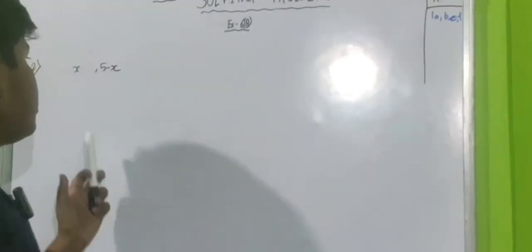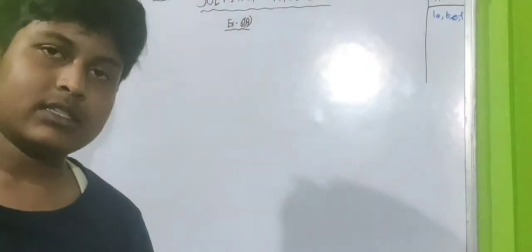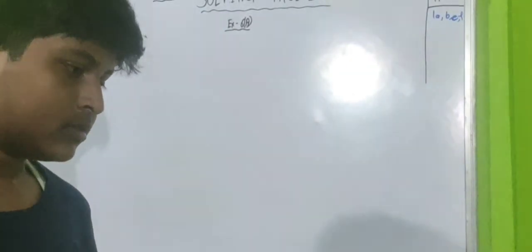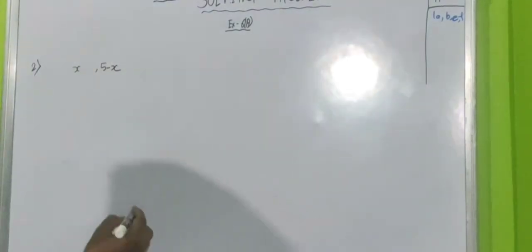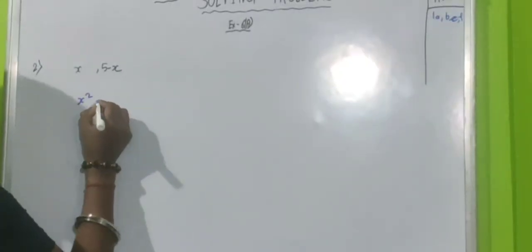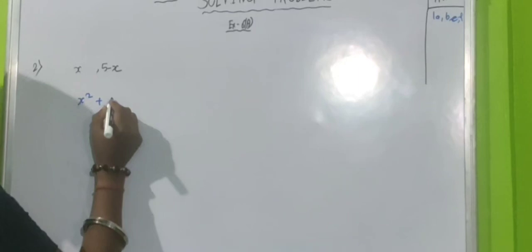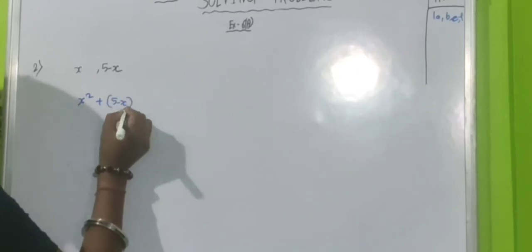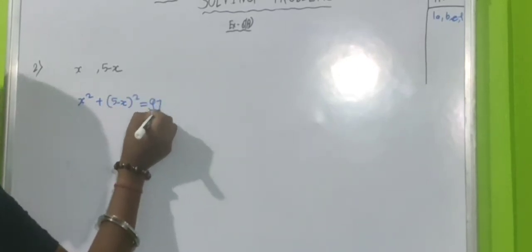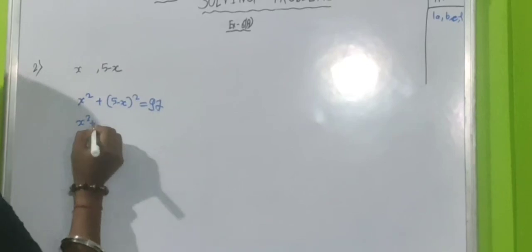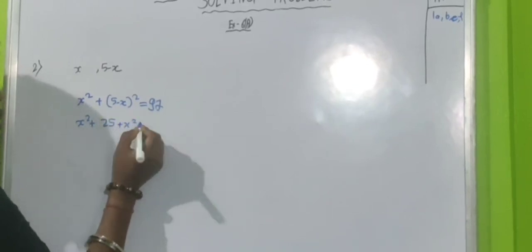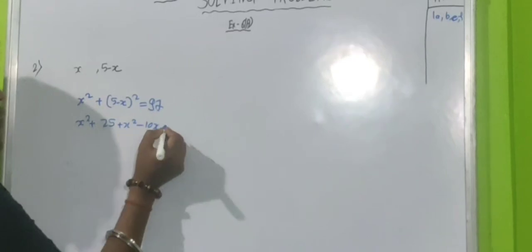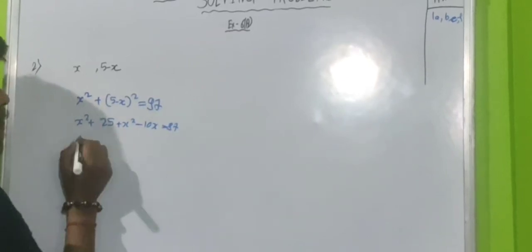So in the question it is said that the sum of the squares of both the terms is 97. So let's solve it. So x square plus (5 minus x) whole square equals 97. So x square plus 25 plus x square minus 10x equals 97.